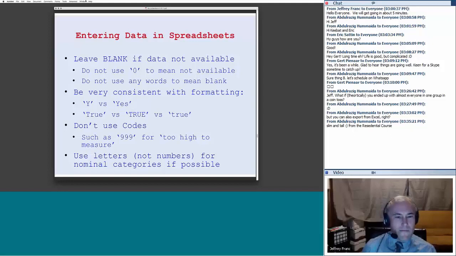We have to be very consistent with formatting, okay? So if you mean yes, then you should type into your spreadsheet the letter Y or the word yes, but only that and always the same. If you use true or false, then spell true the same every time, because statistics software will consider capital T, R-U-E, true in all caps, or true in all small letters as 3 different responses.